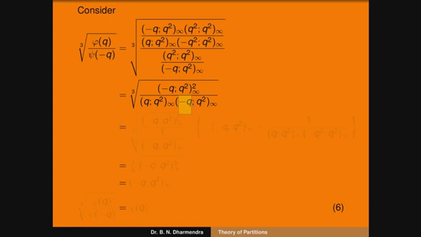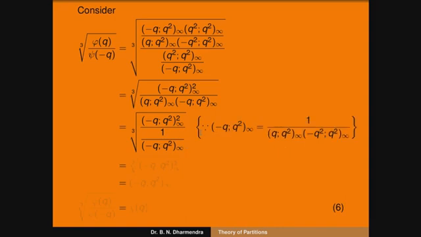So the numerator and denominator can be written as, that is equal to the cube root of (minus q; q squared) infinity whole squared divided by the denominator term, which is 1 divided by (minus q; q squared) infinity.